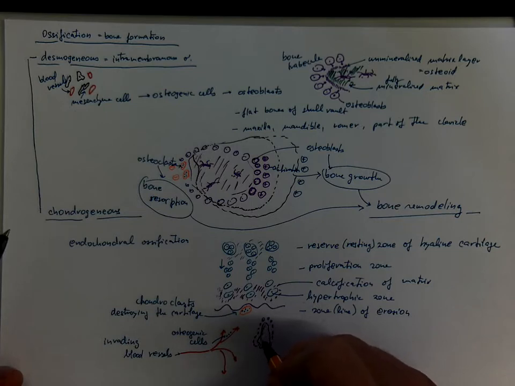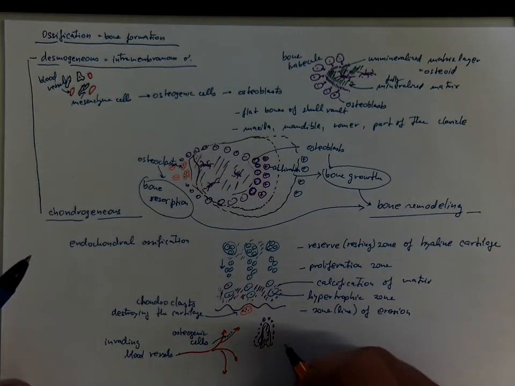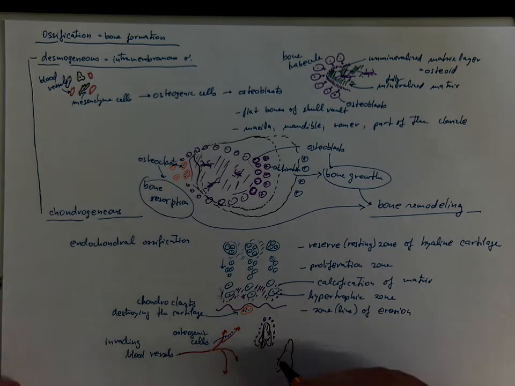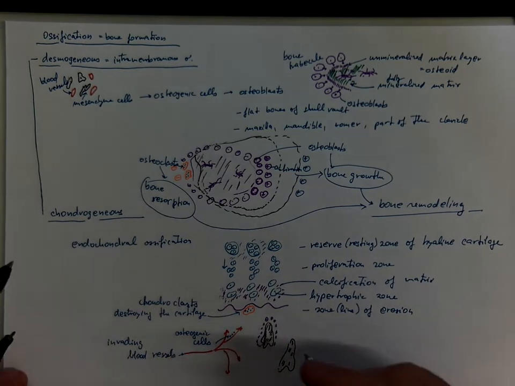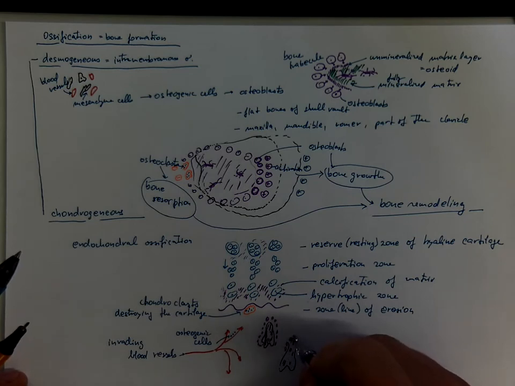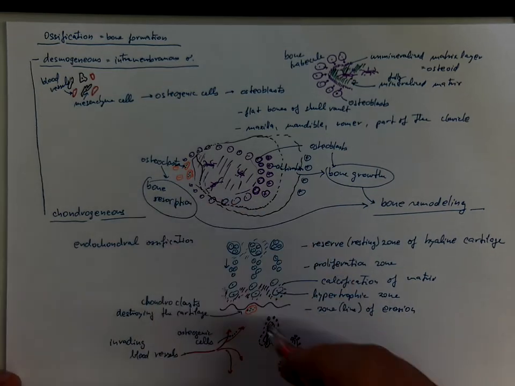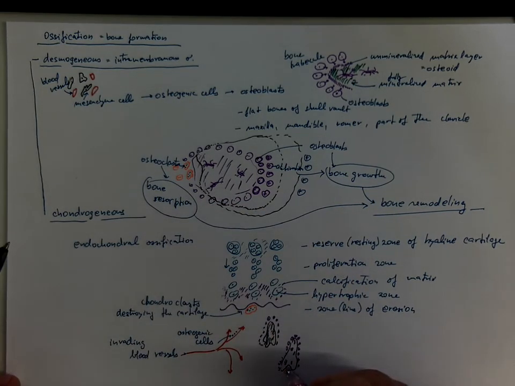So we got the bone trabecules here, and another bone trabecule here, with the osteocytes, okay, and osteoblasts on the surface. And as we already know, even osteoclasts could be found here from the very beginning.